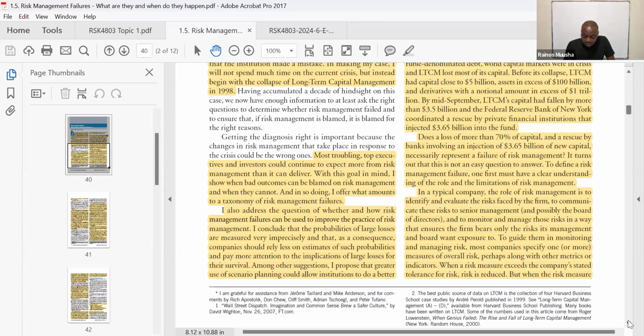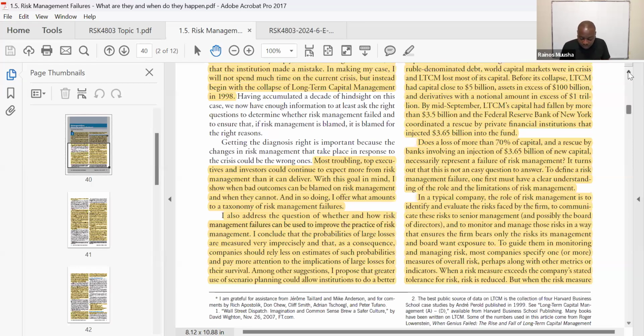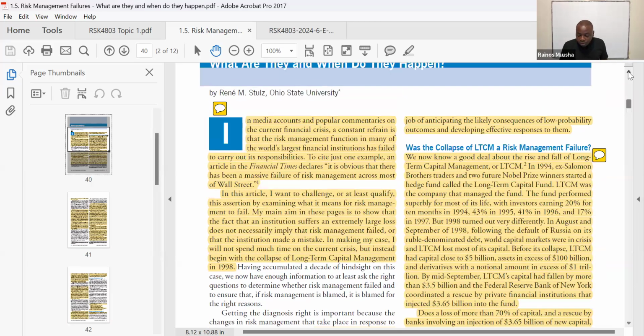I conclude that the probabilities of large losses are measured very imprecisely, and that as a consequence, companies should rely less on estimates of such probabilities and pay more attention to the implication of large losses for their survival. Among other suggestions, I propose that greater use of scenario planning could allow institutions to do a better job of anticipating the likely consequence of low probability outcomes and developing effective responses to them.